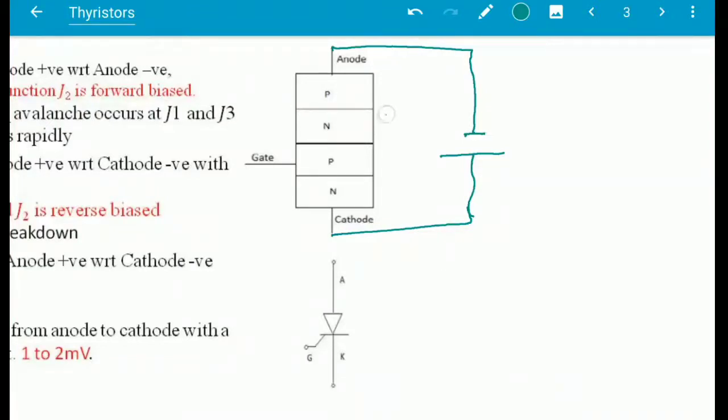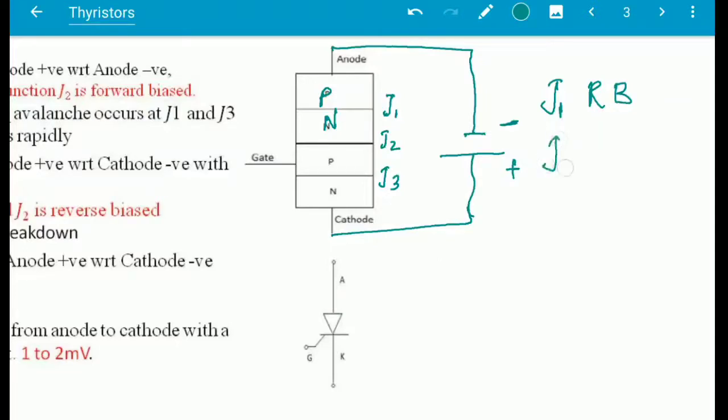So this is junction 1, this is junction 2, and this is junction 3. Here P and N are connected with negative on the P side, so J1 will be reverse biased.